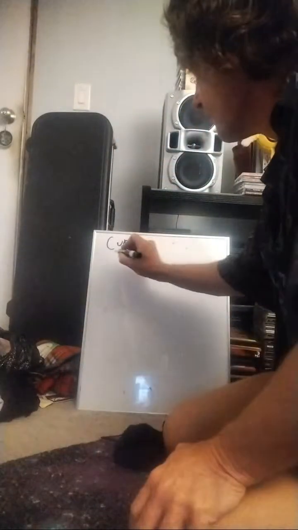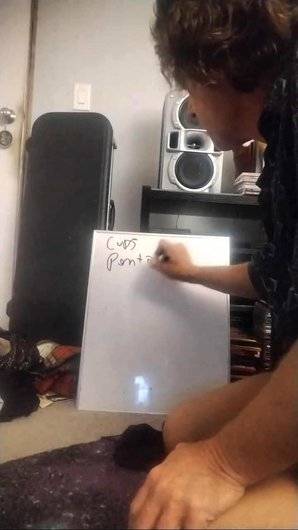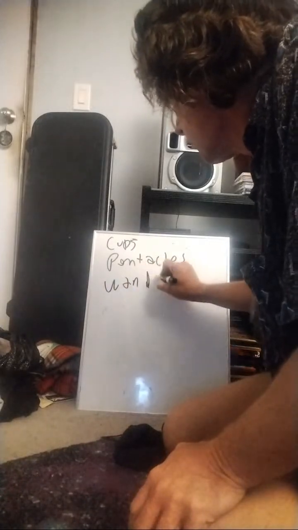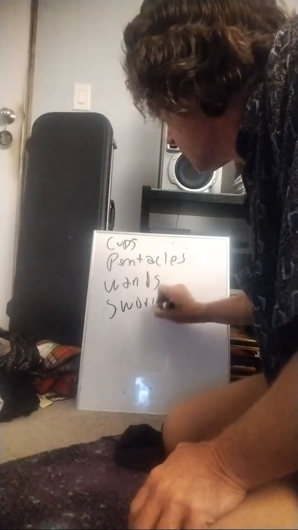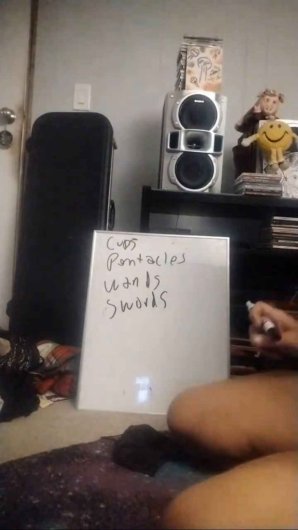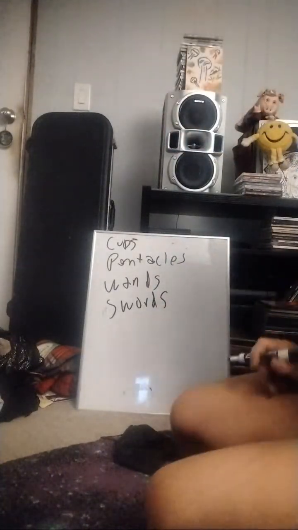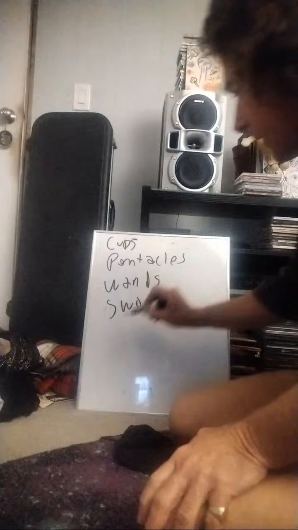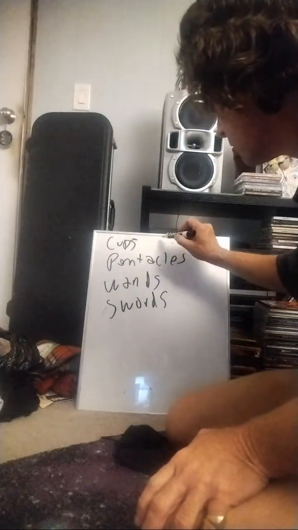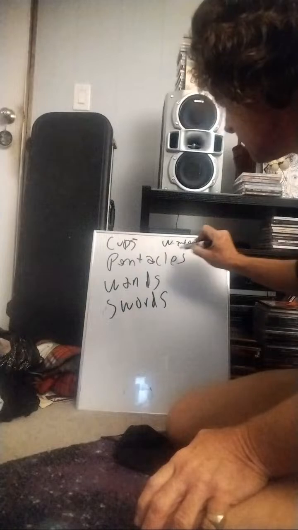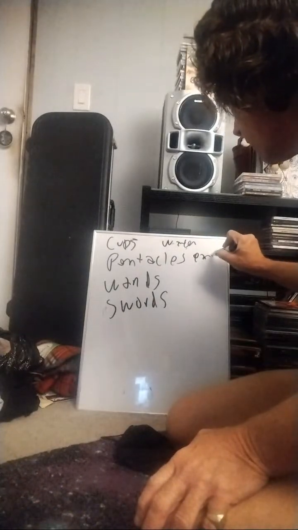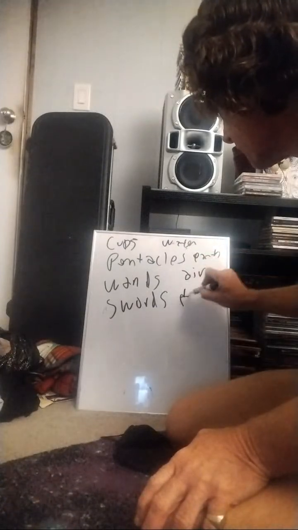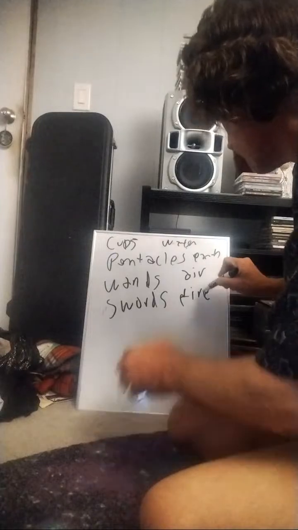So you have cups, pentacles, wands, and swords. So you also have 4 suits in tarot cards. Now, while I'm going on about this, cups is the element water. Pentacles is earth. Wands is air, and swords is fire. So those are the 4 elements also used in astrology.